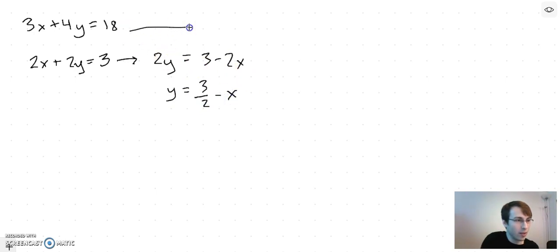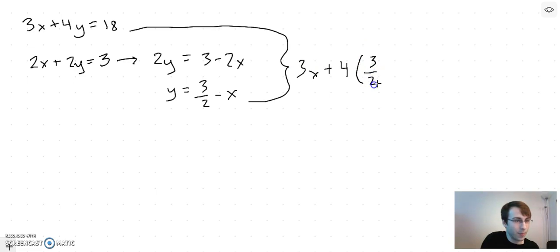And then we'll plug it back into this first equation, and then we get 3x plus 4 times 3 halves minus x equals 18. So 3x plus 4 times 3 halves, that's just like 12 over 2, which is 6.